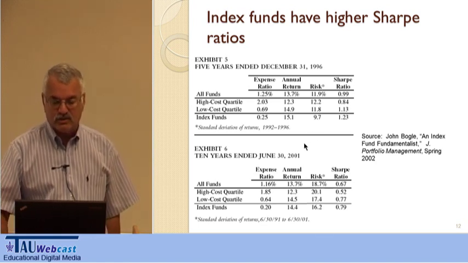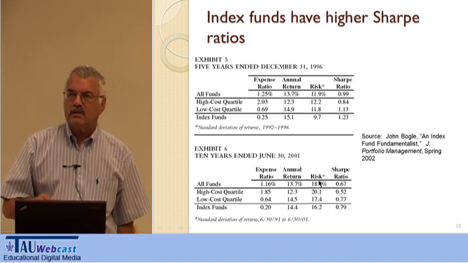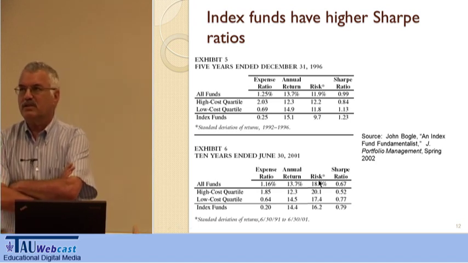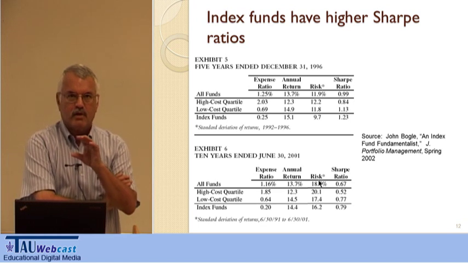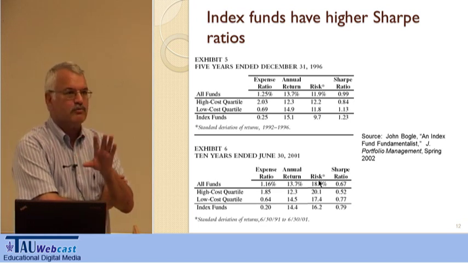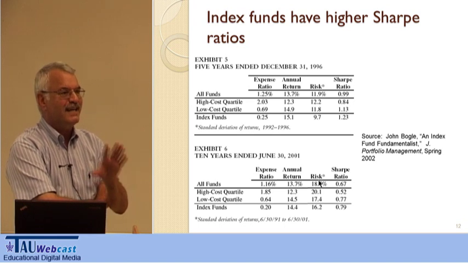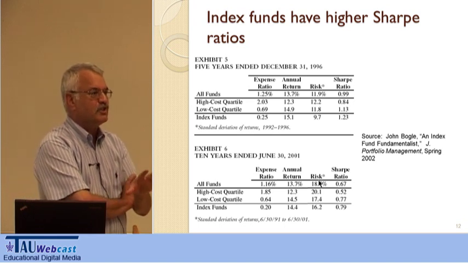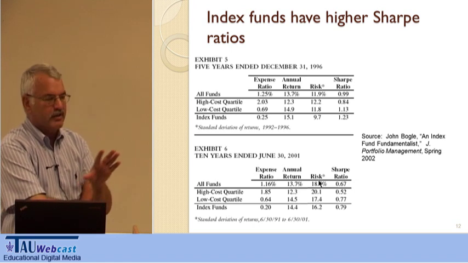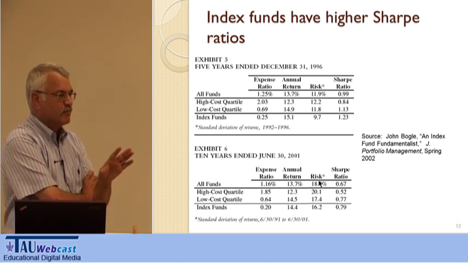The other point of this slide, I'm not going to go through the numbers, is that if you look at funds, then the performance of funds is negatively correlated with the size of their expense ratios.